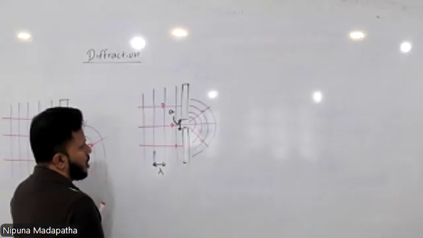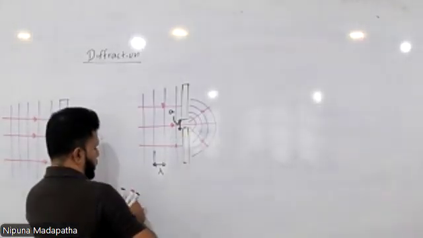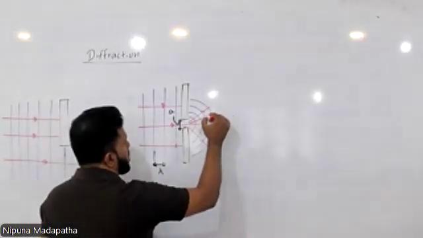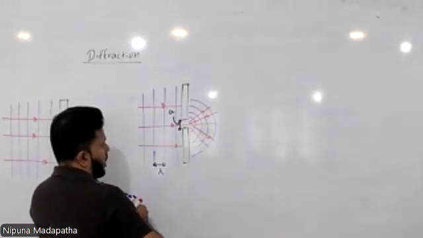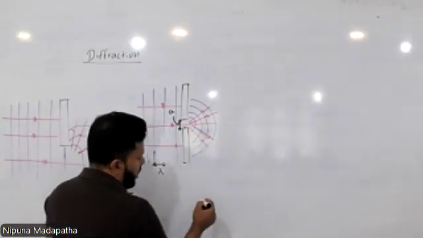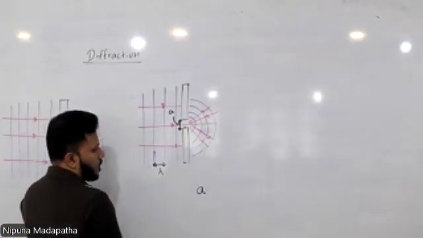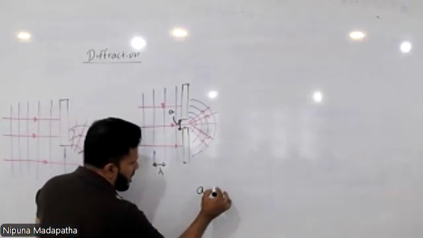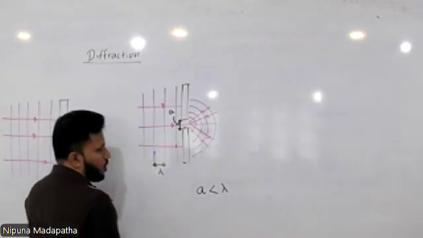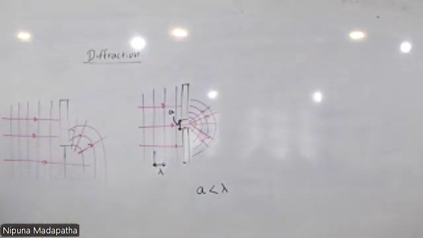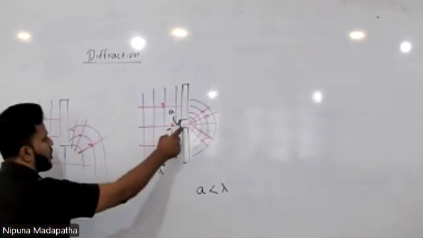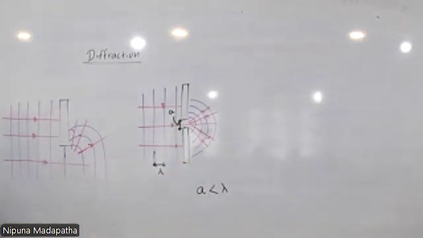We can observe diffraction of the wave significantly if the size of the hole or obstacle is less than the wavelength. If lambda is greater than the size of the aperture or obstacle, you can observe diffraction very well.